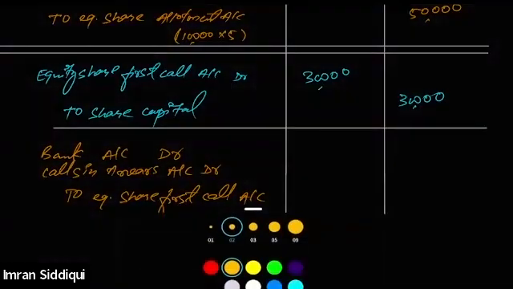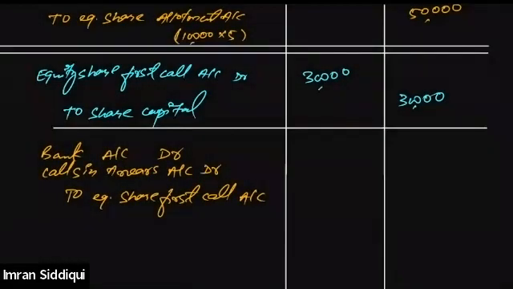Now tell me what amount we'll be receiving on the share first call. Not for the entire 10,000 shares, we will be receiving for only 9,700 shares at the rate of 3 rupees each. So multiplying this, we get 9,700 into 3, that is 29,100.